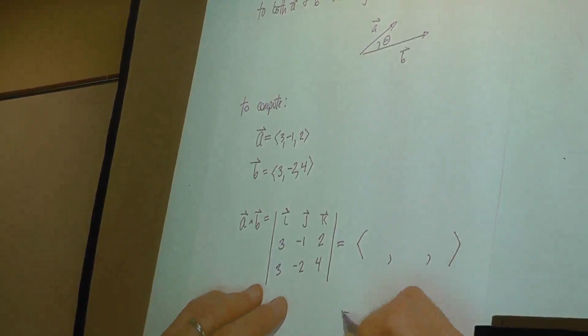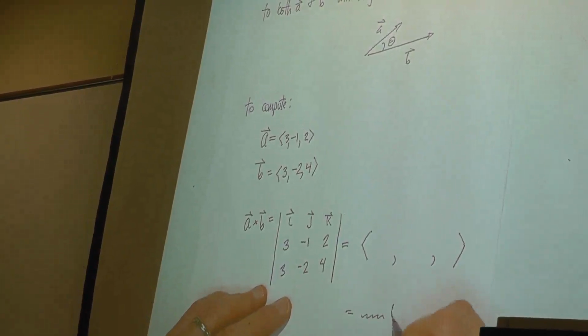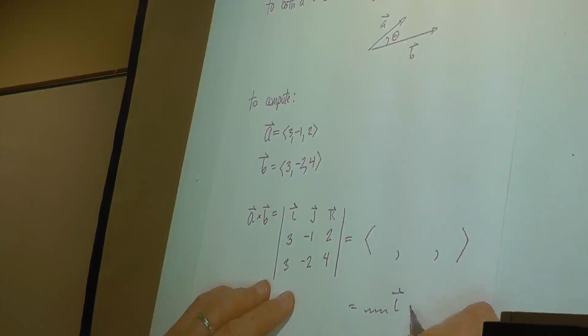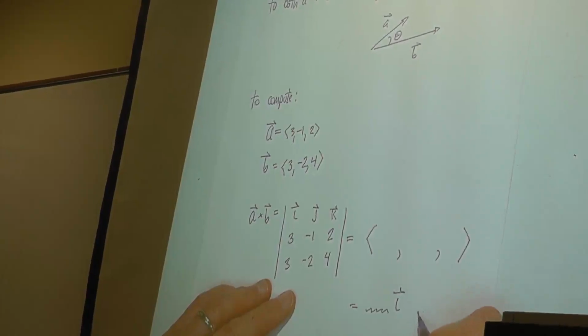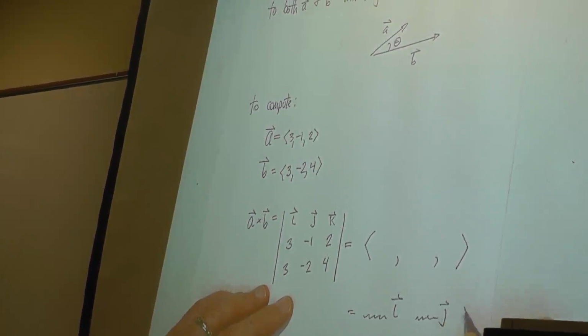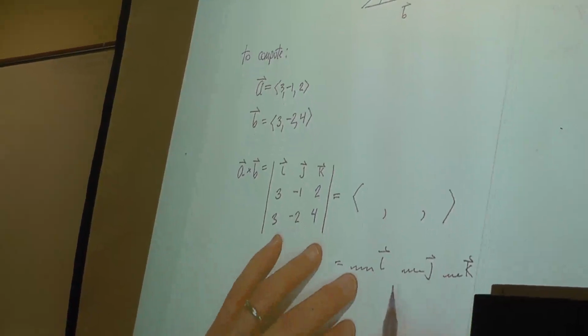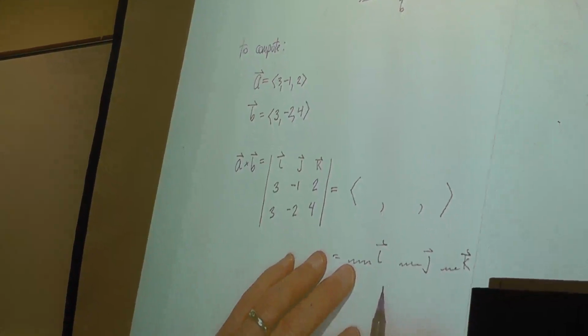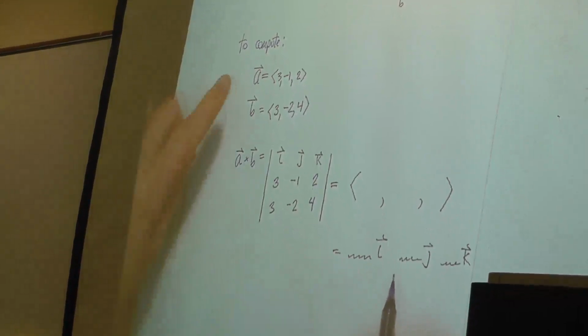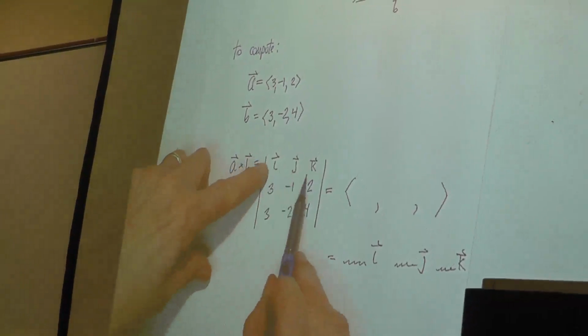So you can either do this, or this, and I have to be careful with the pluses and minuses down here. So I'm always going to go across the top row.